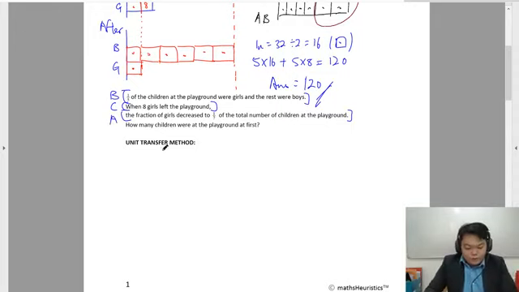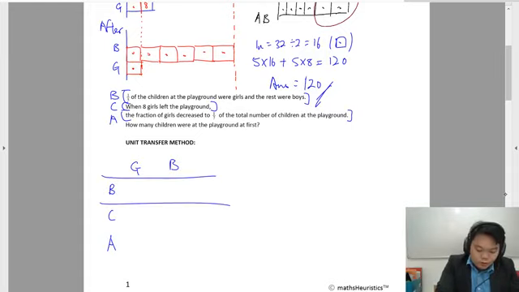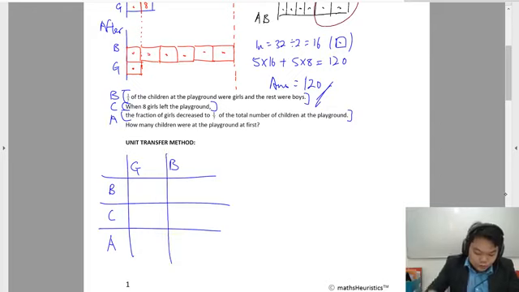Okay, but to do it by the unit transfer method, you want to list out between girls and boys the before, change, and after. We go according to how the situation is. If there is a before, change, and after, we just list out before, change, and after.